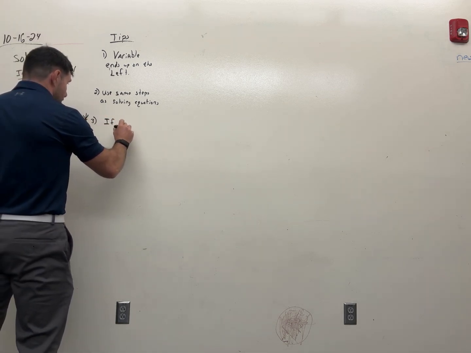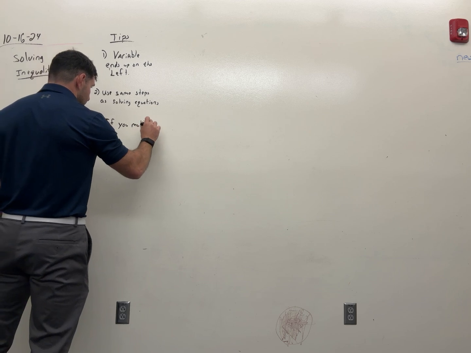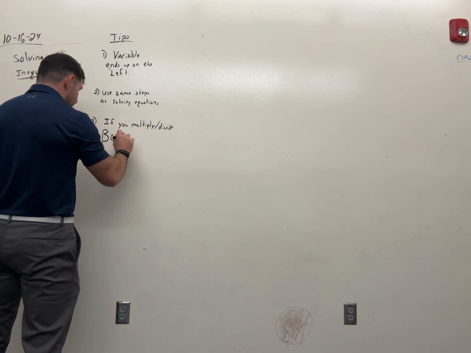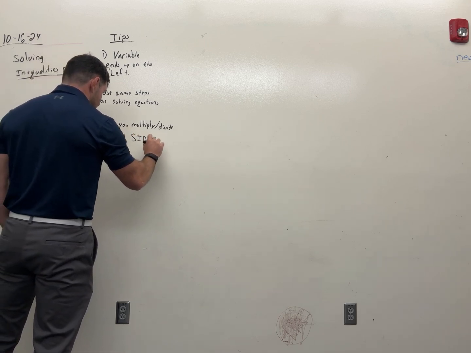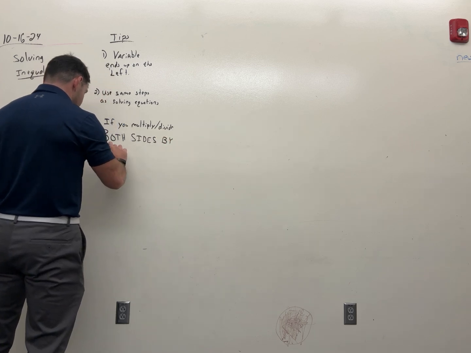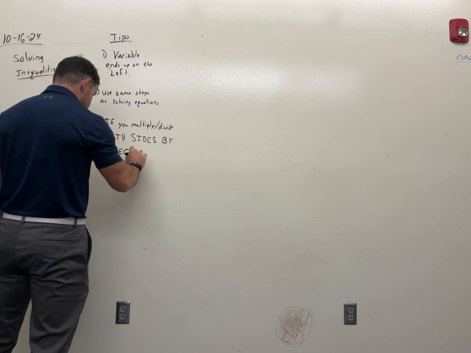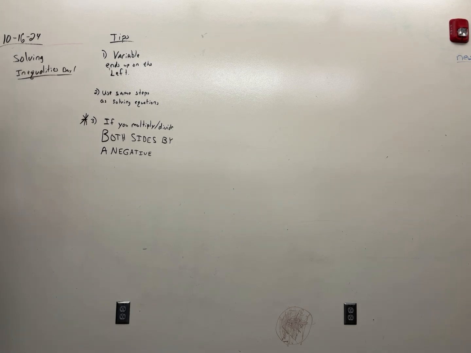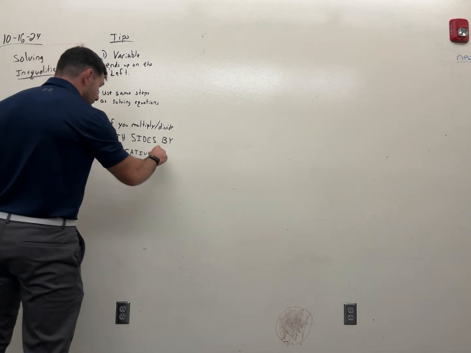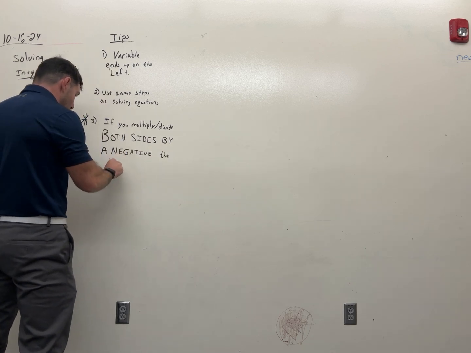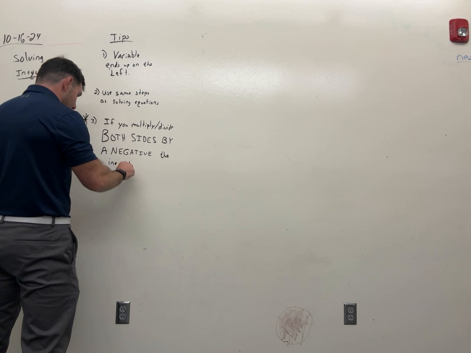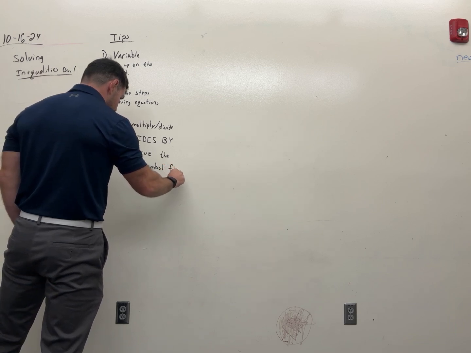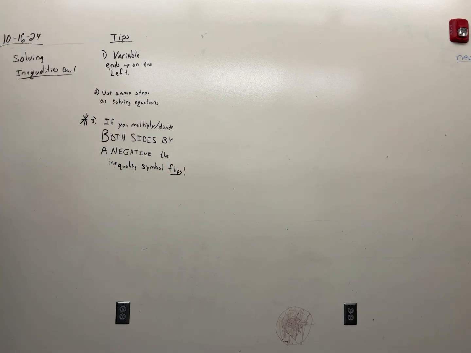If you multiply or divide both sides by a negative, kind of like number 1, we divided both sides by that negative 1, the inequality symbol flips. Okay, and you'll see examples.